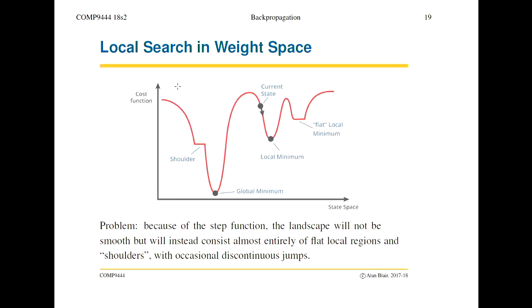But if I change the initial conditions just a little bit, that might cause me to end up in a different solution. But in general, if you start with very small weights close to 0, that tends to improve your chances of reaching a global optimum.